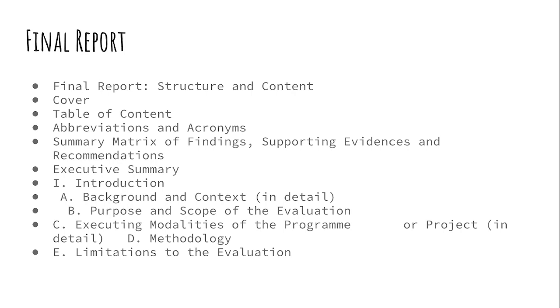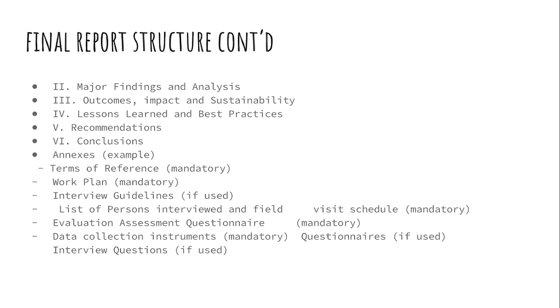And under the introduction, we give the background and context to explain that. You give in detail the purpose and scope of the evaluation, the implementation modalities of the program or project in detail, the methodology, the limitations of the evaluation, the major findings and analysis, the outcomes, the impact and sustainability, the lessons learned and best practices.